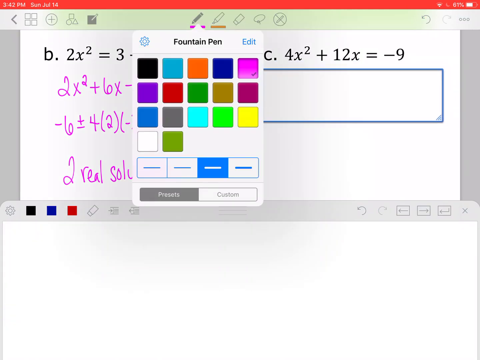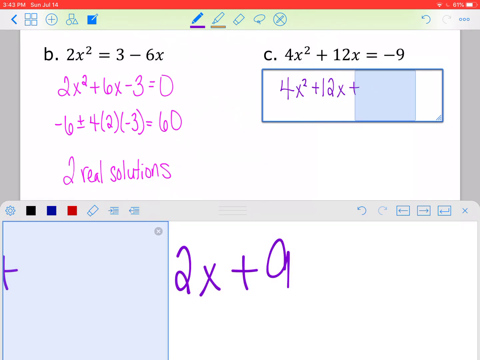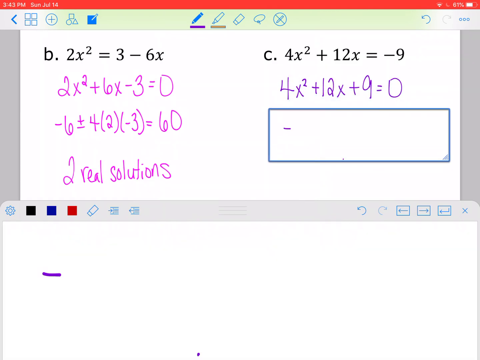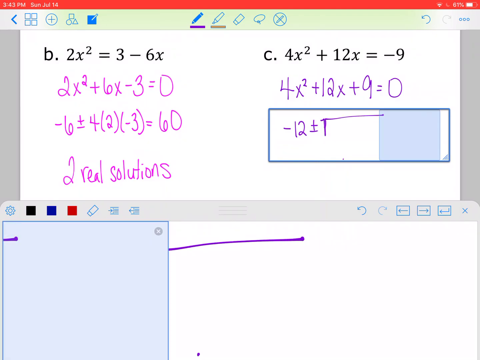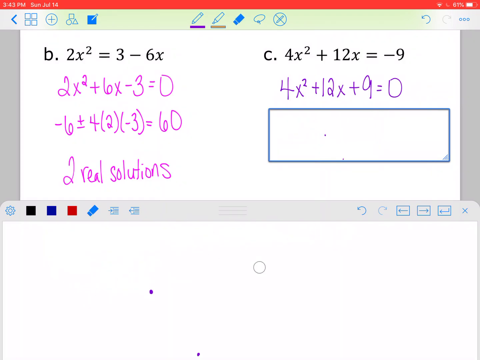Okay, so b squared. I wrote that wrong over there, didn't I? I just said it was 60, but that's not. I'm getting my quadratic formula and my discriminant confused.